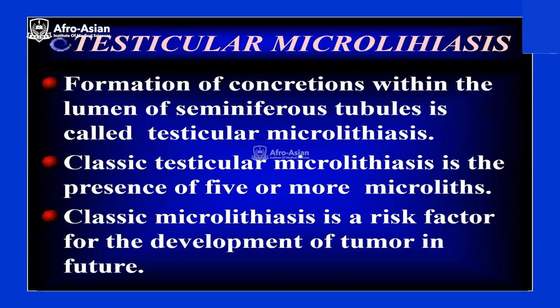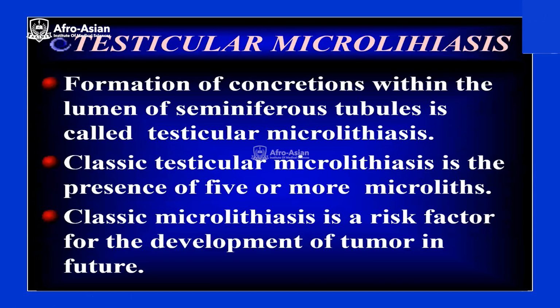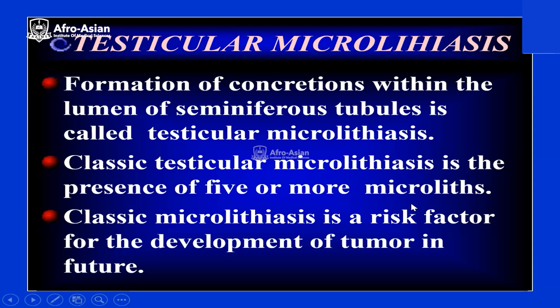Similarly, we can have testicular microlithiasis, in which we get formation of concretions within the lumen of the seminiferous tubules. Classical testicular microlithiasis is the presence of 5 or more microliths.